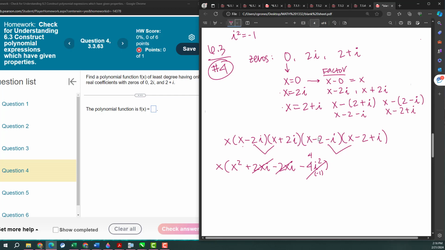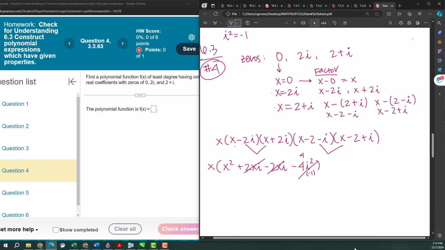All right, and then we need to multiply these over here on the right as well. Whenever you multiply with 3 terms, basically what you want to do is distribute. This x is going to go to all 3 of these terms, the negative 2 is also going to go to all 3 terms, and then the negative i is going to go to all 3 terms. So x times x, we have x squared. x times negative 2 is negative 2x, and then x times i, positive xi.